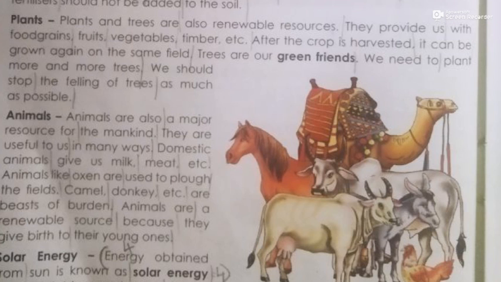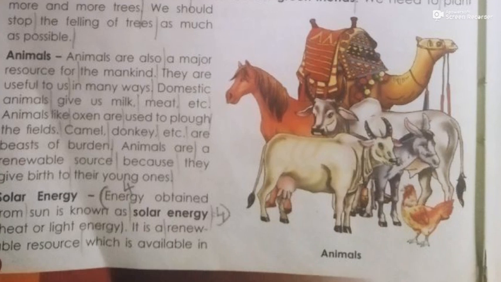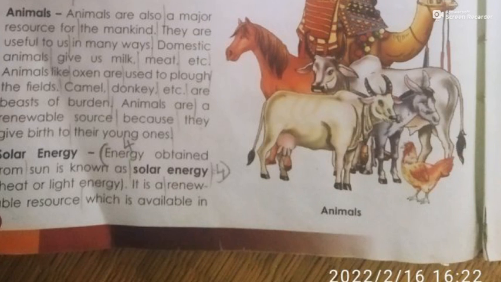They are useful to us in many ways. Animals are very useful to human beings, because we have domestic animals. They give milk, meat, and they are also used for plowing, like oxen. Camels and donkeys are used to carry things from one place to another.